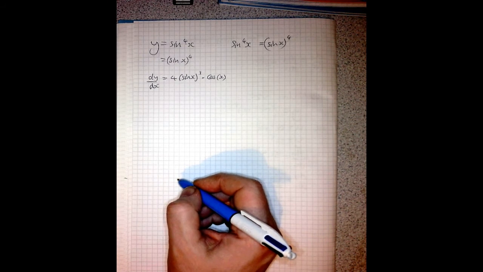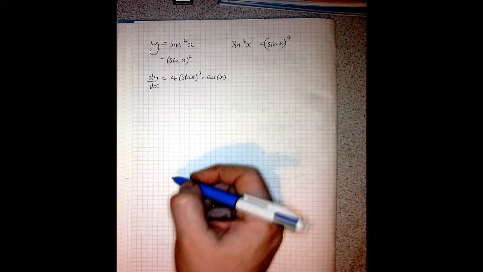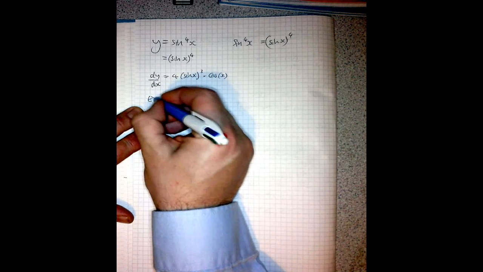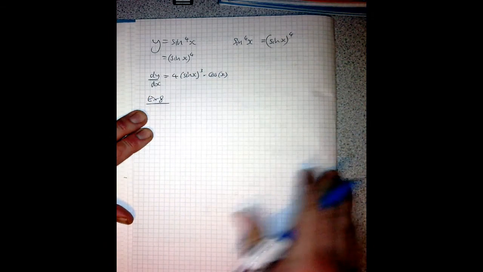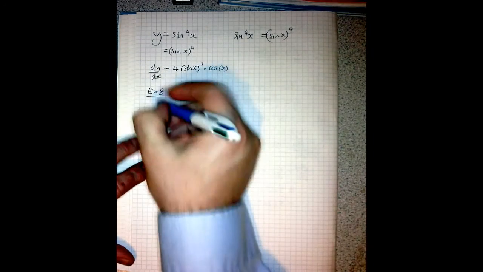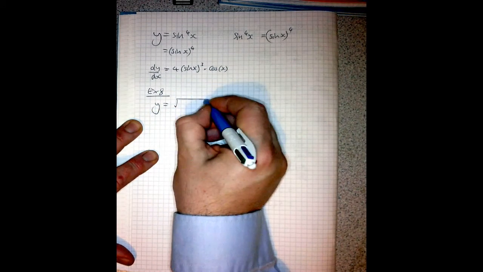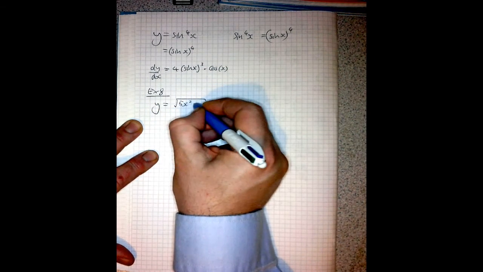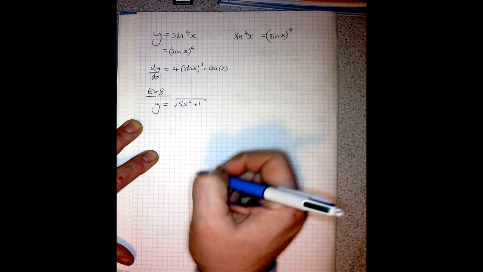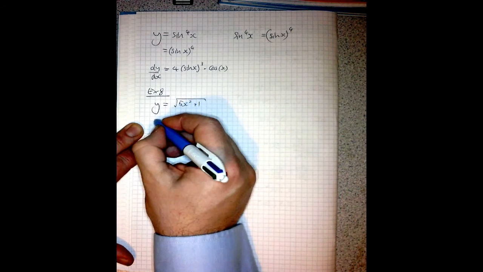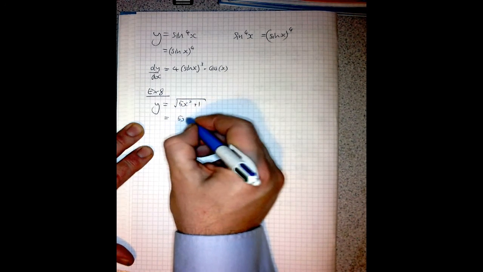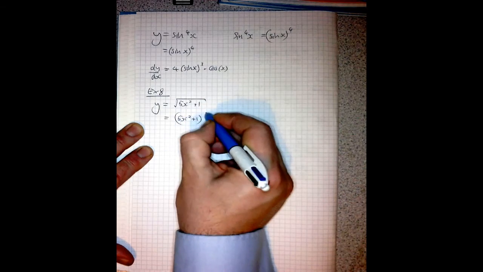Okay, let's do example 8. y is the square root of 5x squared plus 1. Well, that's (5x squared plus 1) to the half.